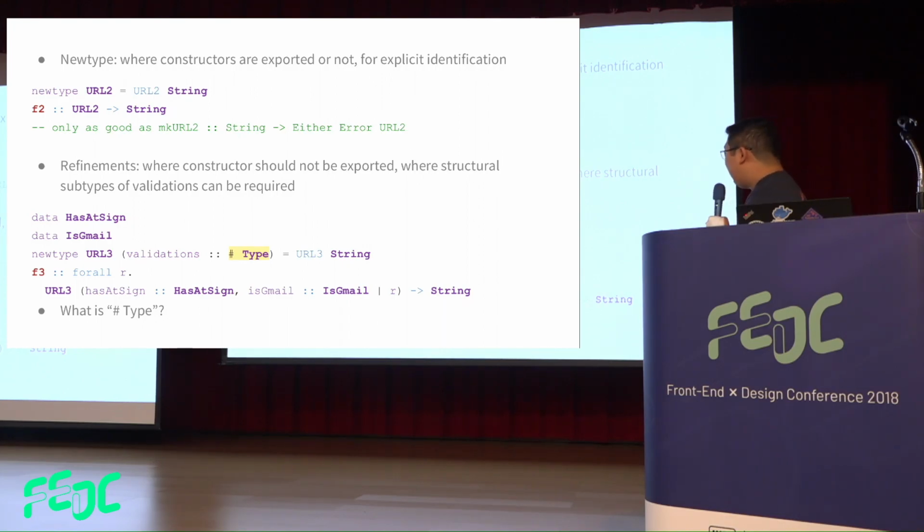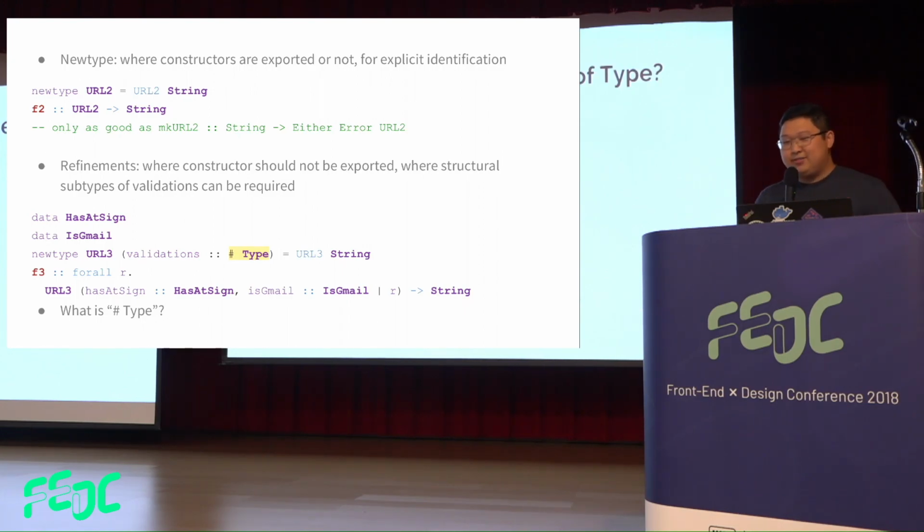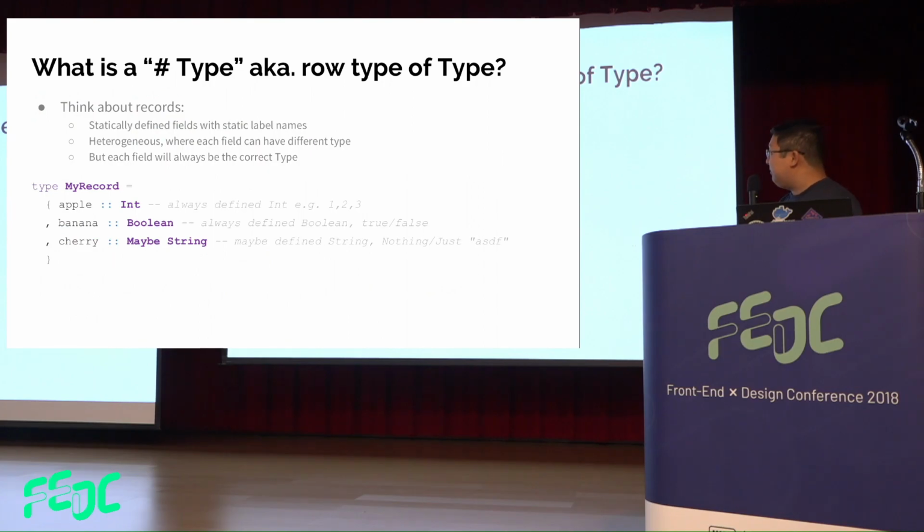But what is this pound type thing, right? So pound type is a row type of type. The pound actually takes a parameter for any kind of kind, a kind being a type of type. One concrete example would be when you think about records. In a typical language, a record is like a built-in, hard-coded struct thing.